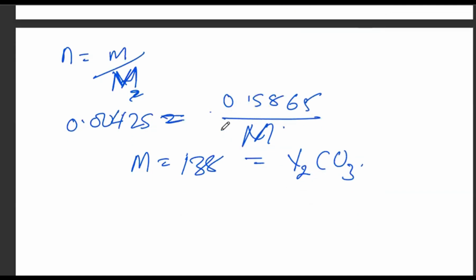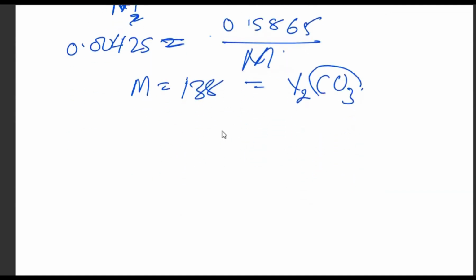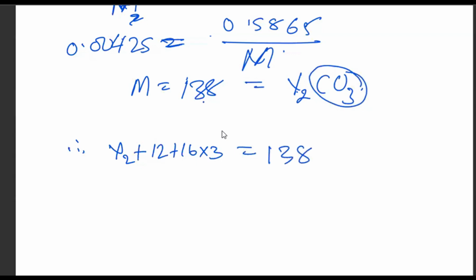Since now I know that, I can find out the molar mass of this carbonate, plus this Y2 is equal to this. So I will say that, therefore, Y2 plus the carbonate, which is 12 plus 16 times 3, is equal to 138.